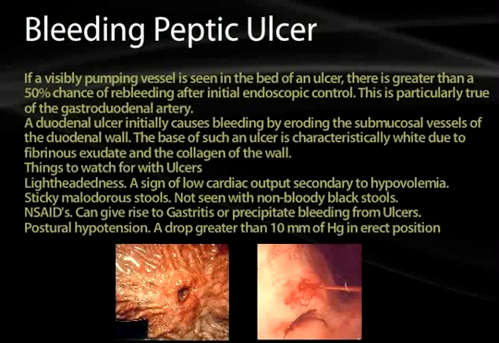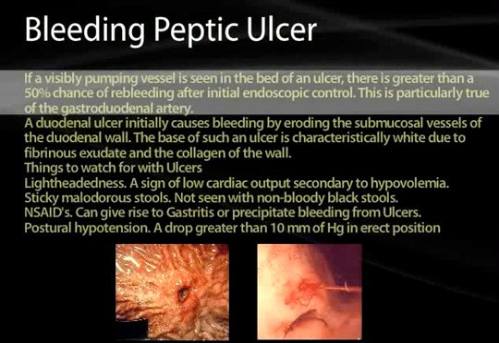Let's look at the bleeding ulcers, or the peptic ulcers. There are a couple different kinds of ulcerations. You have gastric ulcers, which are sometimes called peptic, and there are also duodenal ulcers. What you can see here is a visibly pumping vessel in the bed of an ulcer, and there's a greater than 50% chance of rebleeding after an endoscopic control of this vessel, which is particularly true of the gastroduodenal artery, in the duodenal part 1.